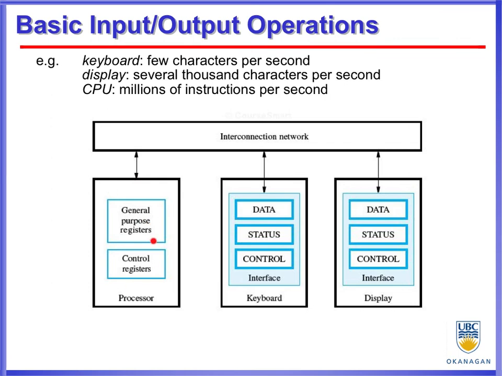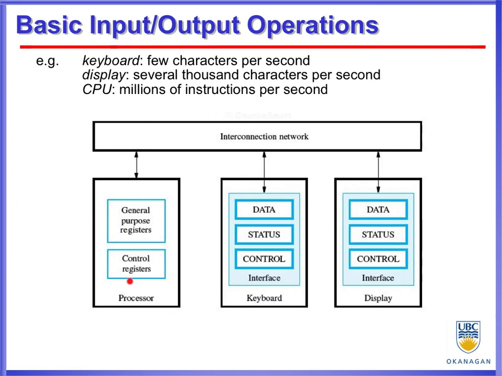So the instructions in your program that are running on the processor are going to be polling the keyboard, for instance. It's not going to send a message, it's actually going to read what's in the status register. A certain bit will be set if the keyboard actually has a new character.